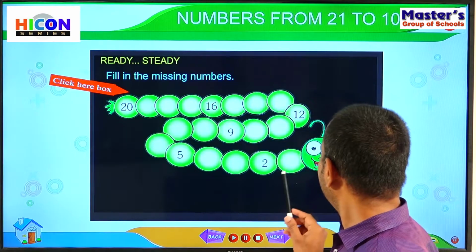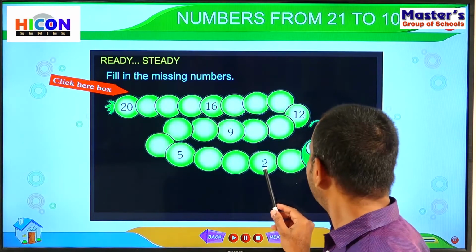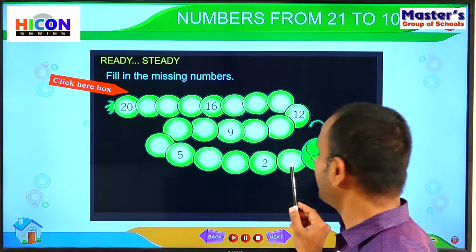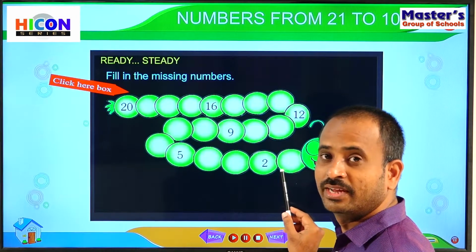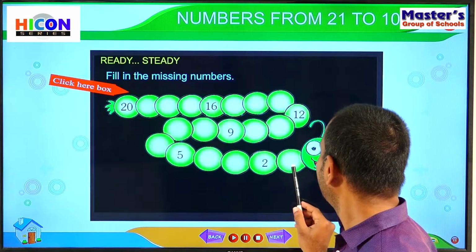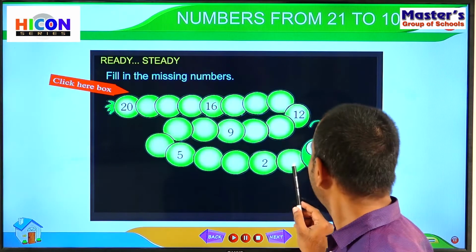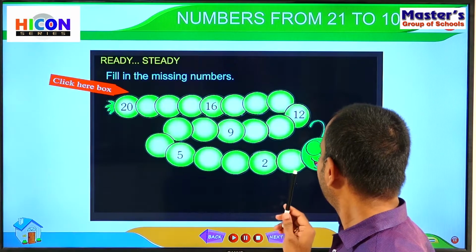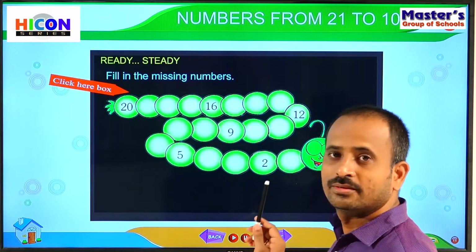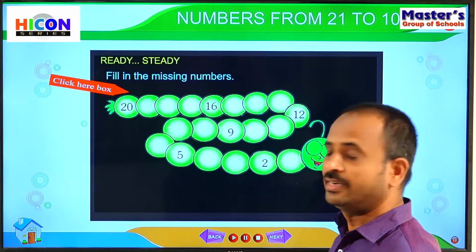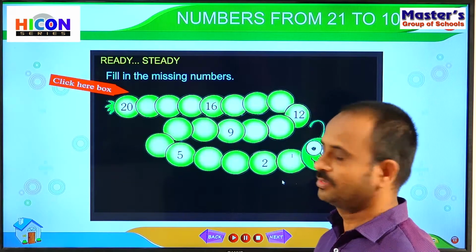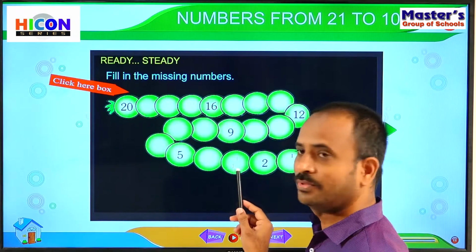There is a 2 given, but the number before it is missing. What will we get before 2? We will get 1. So write 1 here. 1 is the before number to 2. Next, here is a gap.